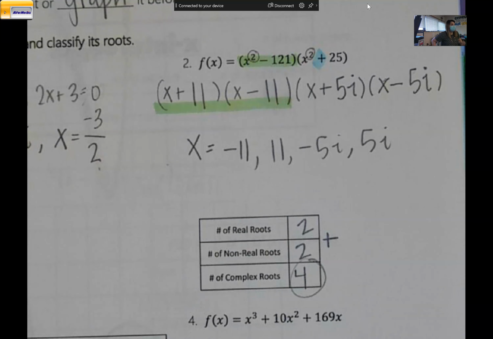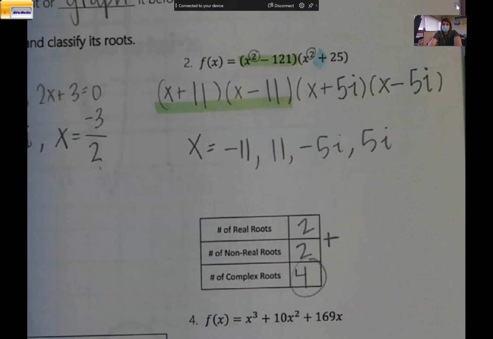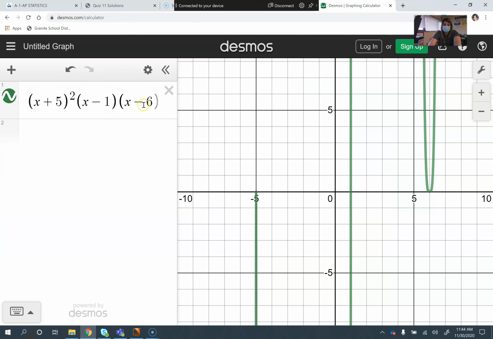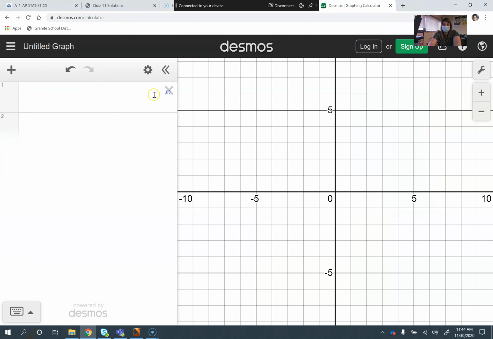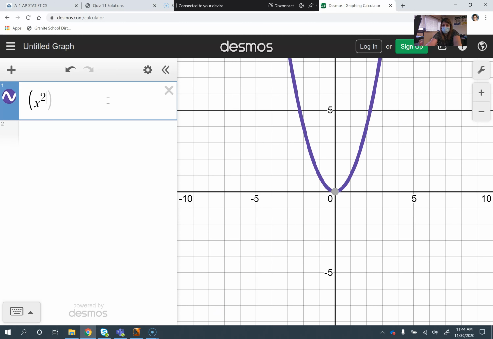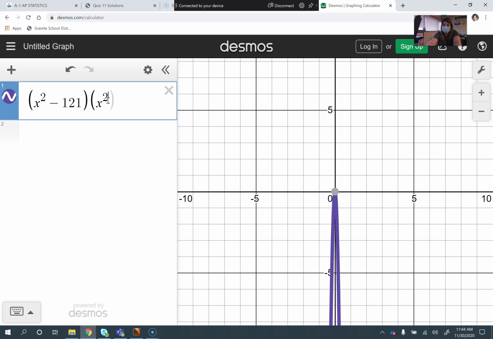So I am going through this very quickly, and here's why. Because what I'm assuming is most of you guys are just going to plug it into Desmos. You need to be aware of one thing though. So if I go back to this same problem and I plug into Desmos x squared minus 121 x squared plus 25.